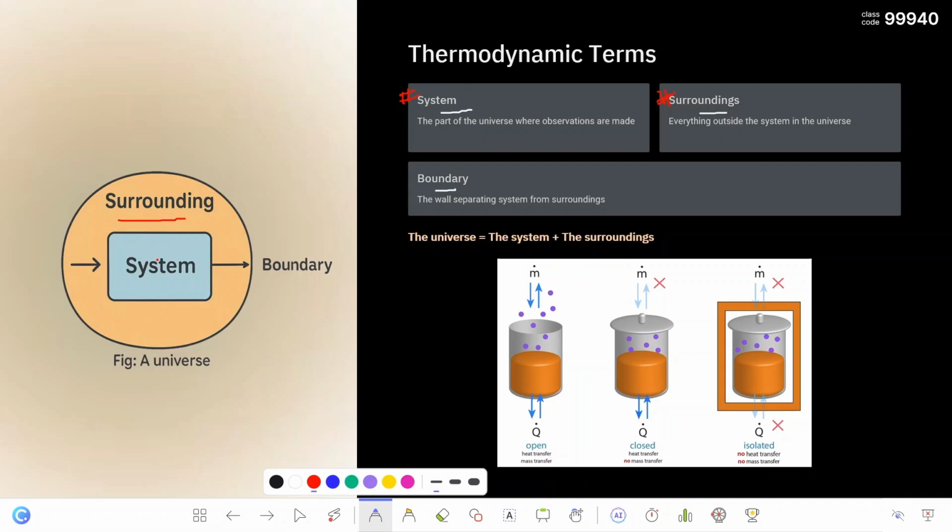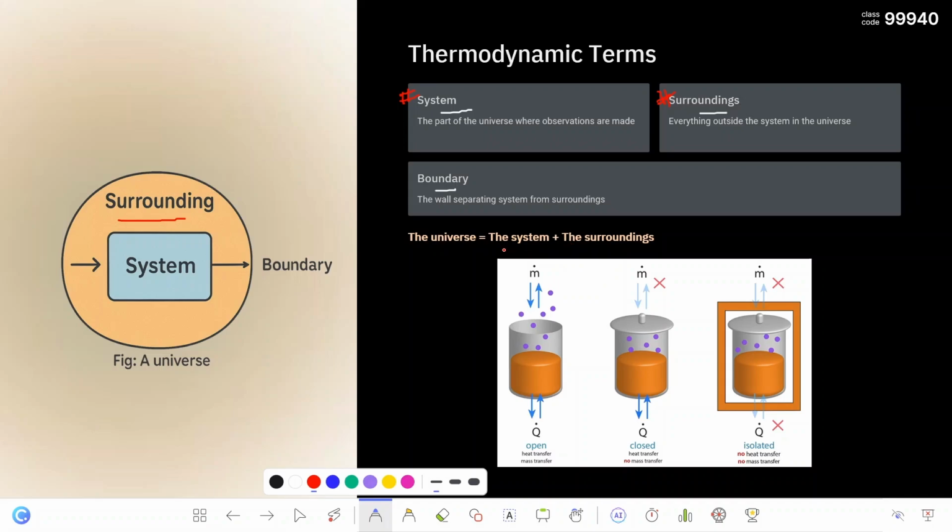It can be that particular room in which the glass of water is staying. So it is in the neighborhood. If we perform some changes in the system, it will cause some changes in the surroundings also. It doesn't mean the whole universe. I am not telling you that the whole world is the surroundings. Surroundings means that which is in the neighborhood of the system and can interact with it.